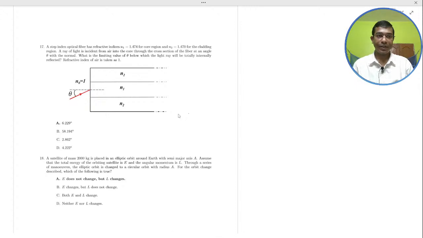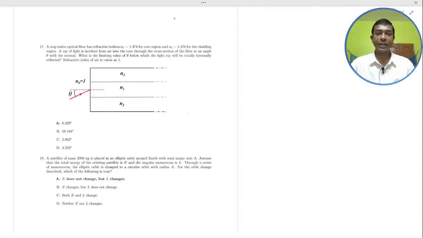A step index optical fiber has the refractive index n1 in the core and n2 in the cladding region. This is given. A ray of light is incident from the air to the core through the cross section of the fiber at an angle theta with the normal. What is the limiting value of theta below which the light ray will be totally internally reflected?